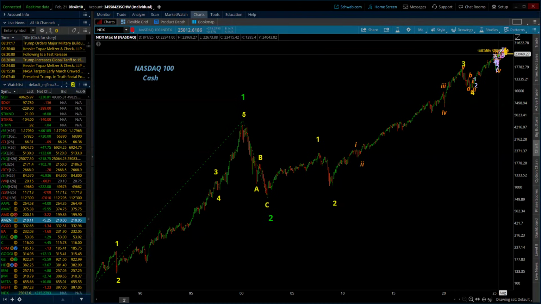So the good faith and credit of the United States is waning. The big break here that's going to happen, and it's not a matter of if, it's a matter of when, is when the globe starts selling our debt. Could be China, could be Japan, could be the European Union, could be Great Britain, it could be one of the countries.